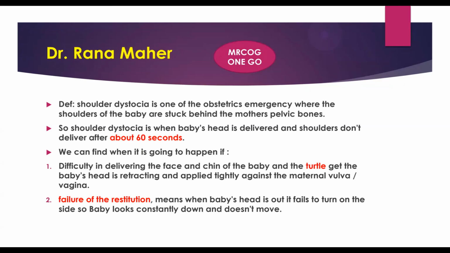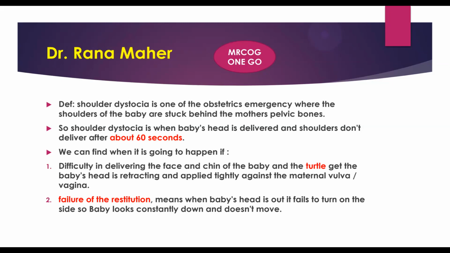How are we going to diagnose shoulder dystocia? If the head is delivered and the shoulders don't deliver after 60 seconds. So between the head and shoulders, it has to be less than 60 seconds. If it's more than 60 seconds, this condition is named shoulder dystocia.